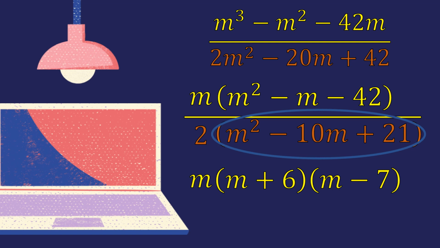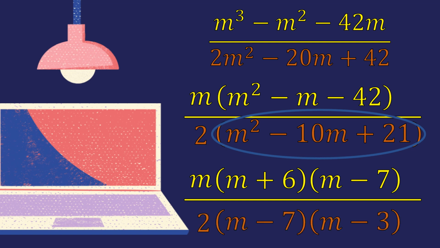M squared minus 10m plus 21 is still factorable. We can use factoring quadratic trinomial where a is equal to 1. So the complete factors of our denominator are 2, m minus 7, and m minus 3.